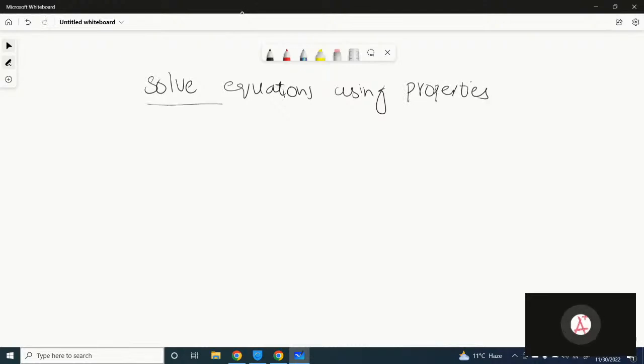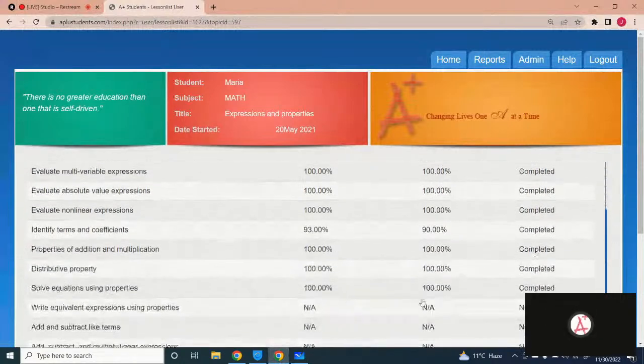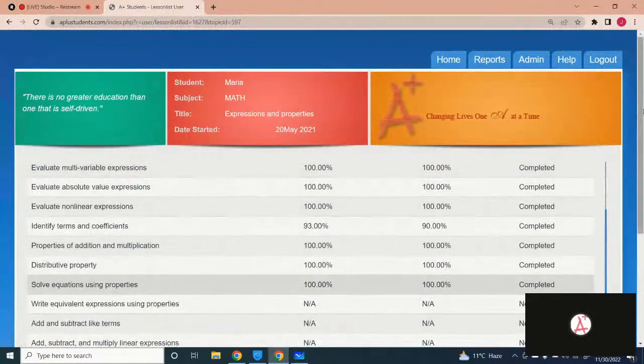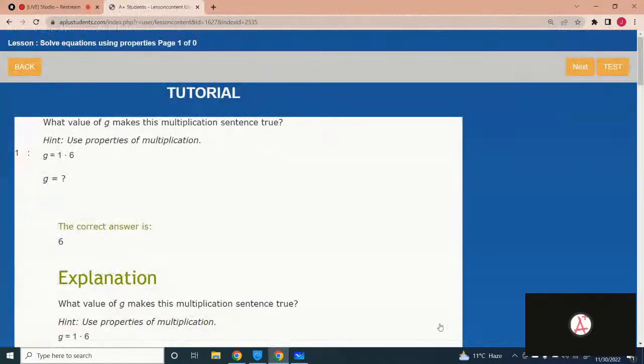So we have just learned properties. They are associative, multiplicative, and then we did the distributive property. Now you have to apply the properties on the equations. Got it?